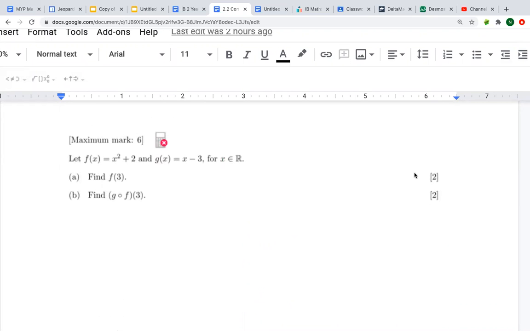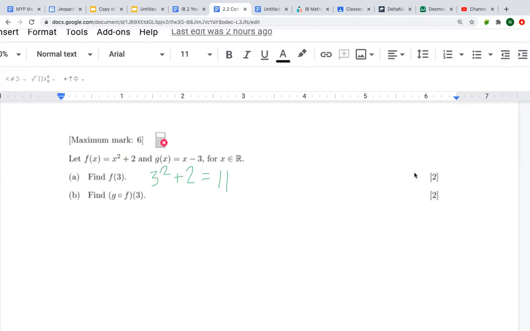The first part, A, is just asking you to find f of 3, which is where you plug in 3. So you can pause your video and do that now. Okay, so now you should have gotten 11 for that one. And when they say g of f of 3, you have two ways to go about this.